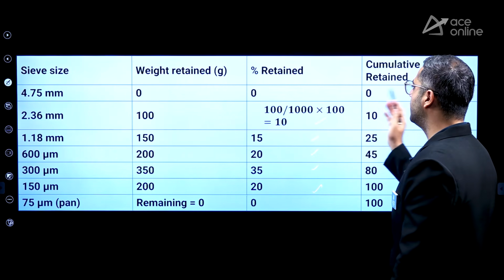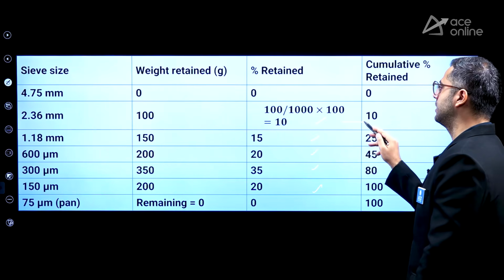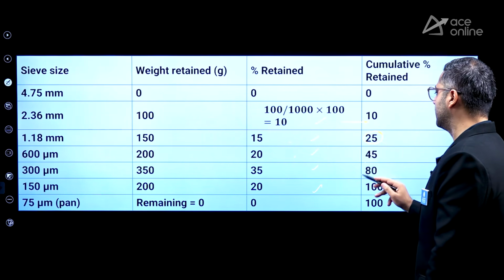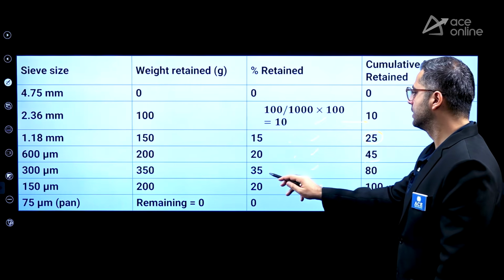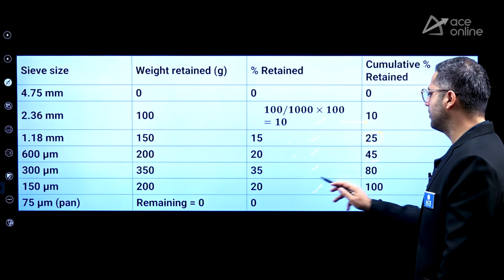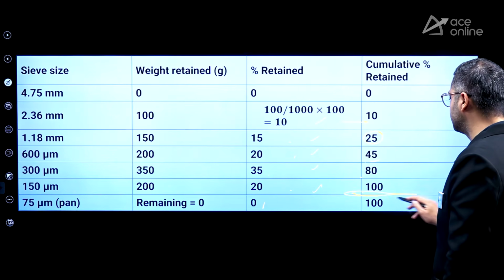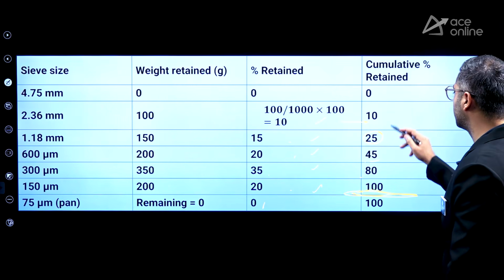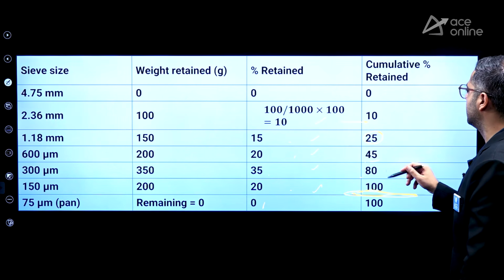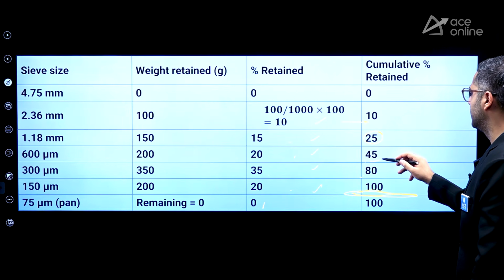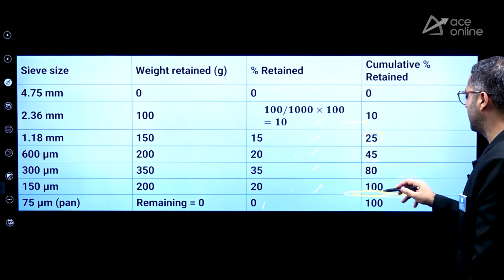And then the cumulative percentage weight retained. So 10, 10 plus 15, 25, 25 plus 20, 45, 45 plus 35, 80, 80 plus 20, 100. And then there is 0, so we'll end it over here. So how much total are you getting over here? Let's see: 10, 35, 80, 160 and plus 100.